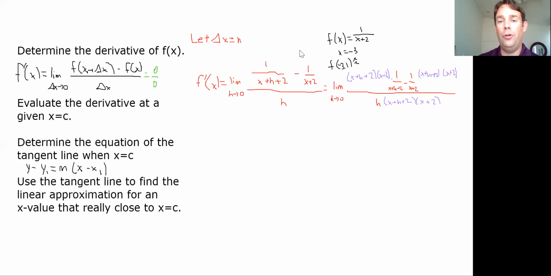All right, so when we do that now, cross off the things that go away, so gone. And let's see here. This is going to go away, gone.